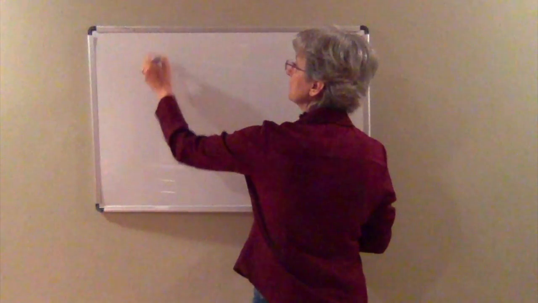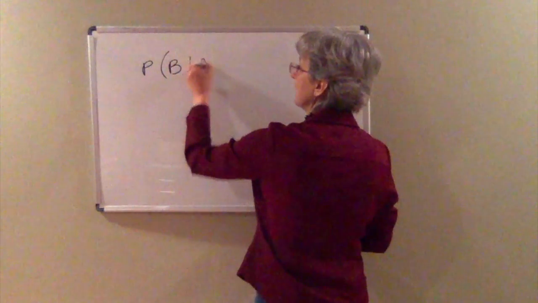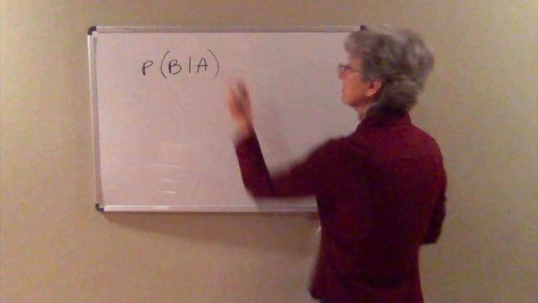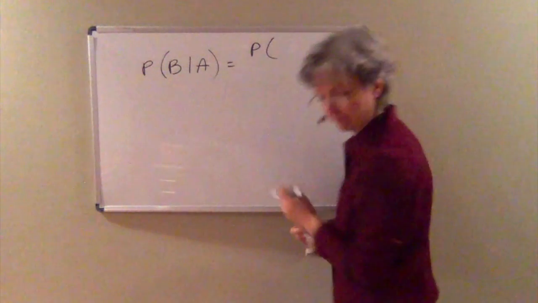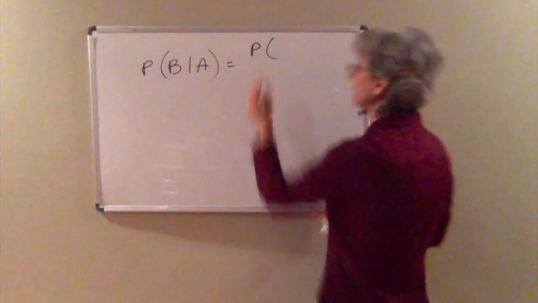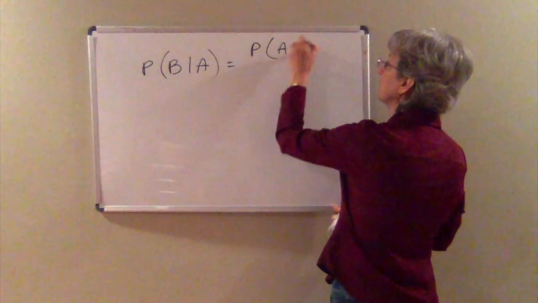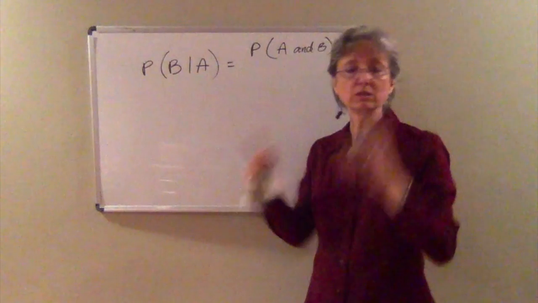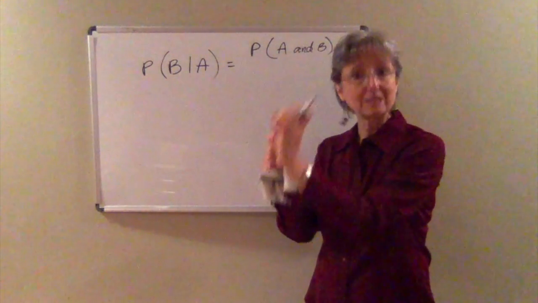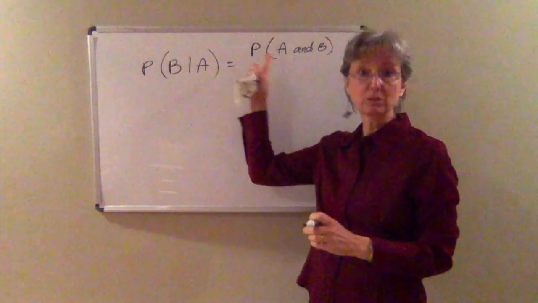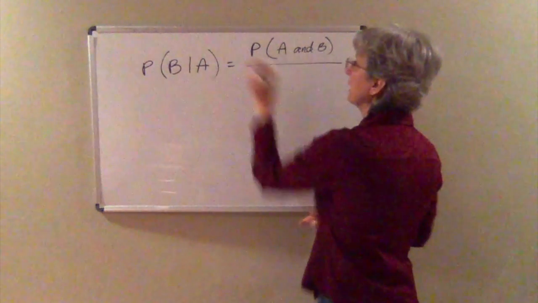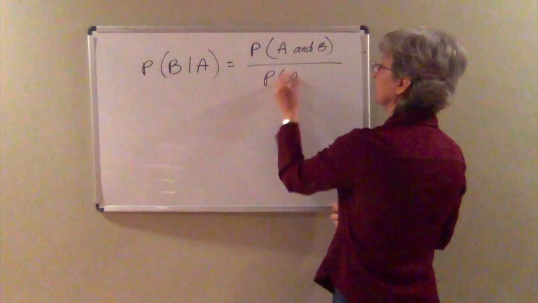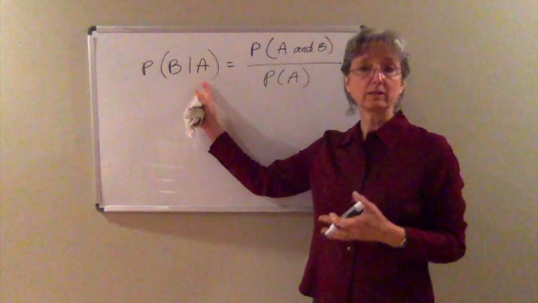The probability of B given A, which is what we're doing, is the probability of B and A, or A and B, divided by the probability of A. For instance, in the first one we did, it was both recycled and paper. That was my top number, and then divided by the probability of A, which was all the recycled stuff.